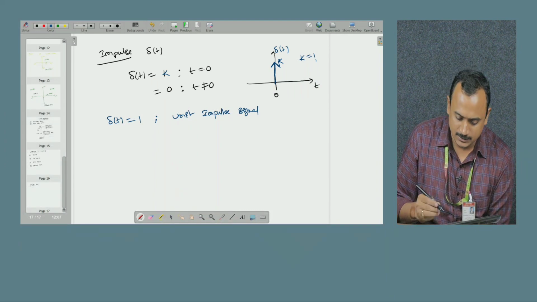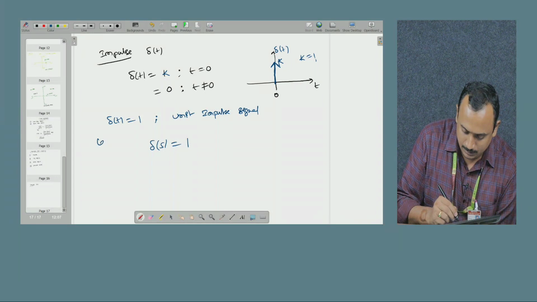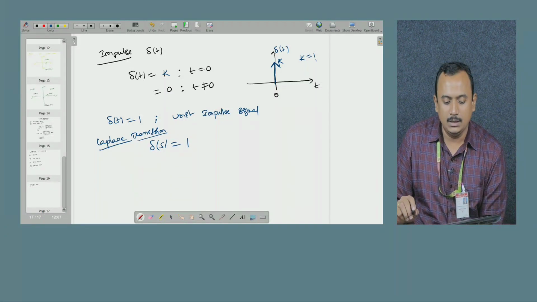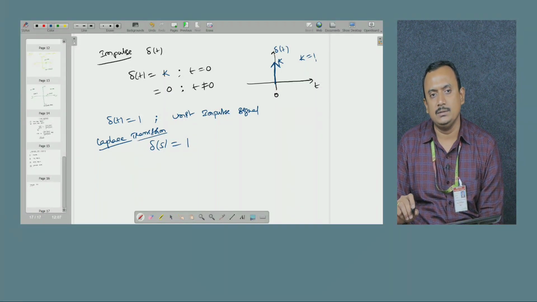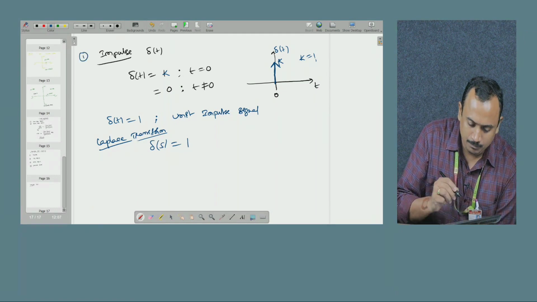And what is the Laplace transform? Del of s is equal to 1. This is the Laplace transform of an impulse signal. Del of s is equal to 1. And this is the first one.